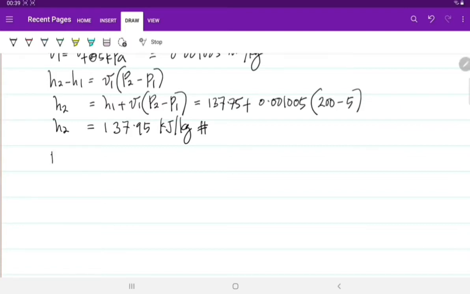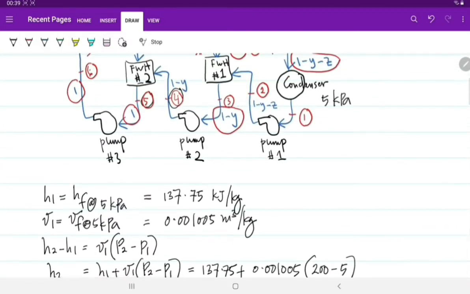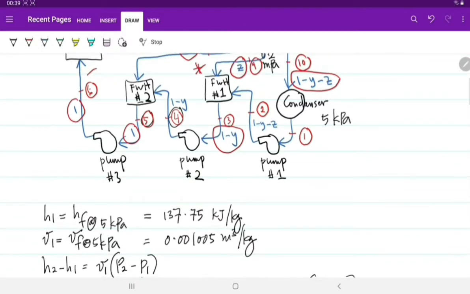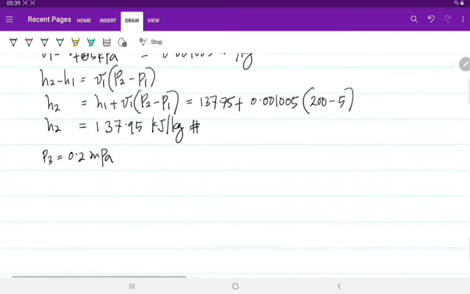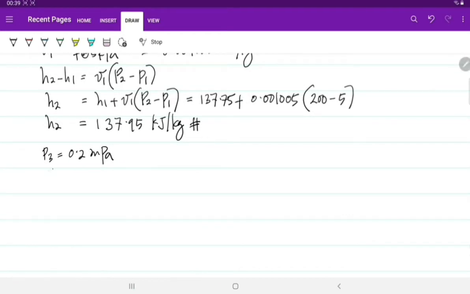At point number 3, we know the pressure is 0.2 megapascal. Bear in mind that the liquid that goes out from the feed water heater exists as a saturated liquid. So we know the pressure at number 3 is 0.2 megapascal and that it is a saturated liquid.